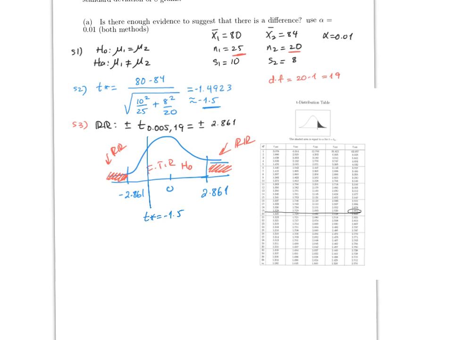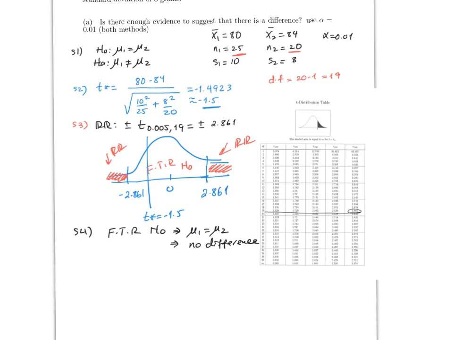It's not in the rejection region, so therefore the conclusion will be again fail to reject H0, which means that mu1 is equal to mu2, which means that there is no difference between the two, or actually there is no evidence to reject the claim that there is no difference.